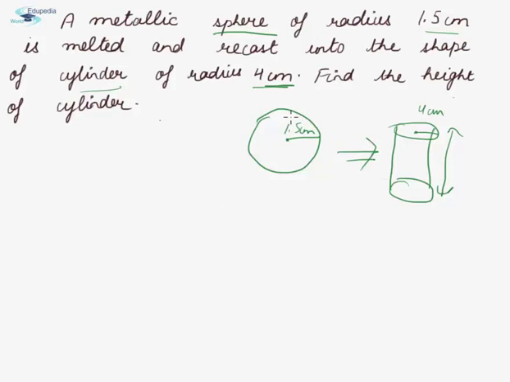Friends, when we recast a shape or a solid into some other solid, then no doubt its shape changes, but the amount of the metal or some other thing that is being used in both the shapes will be same.